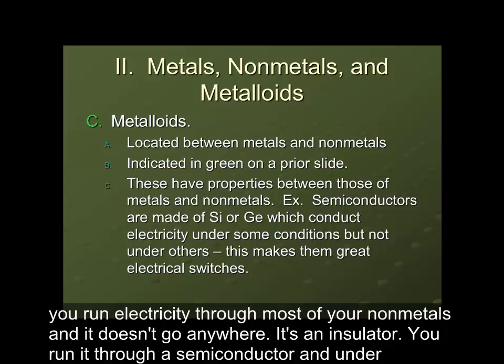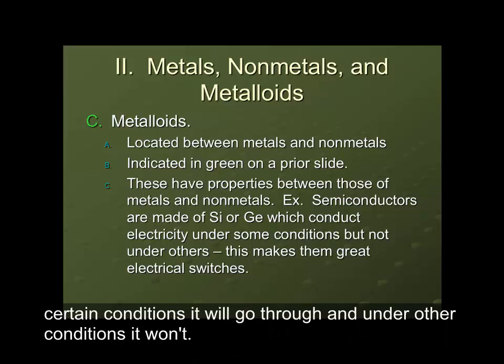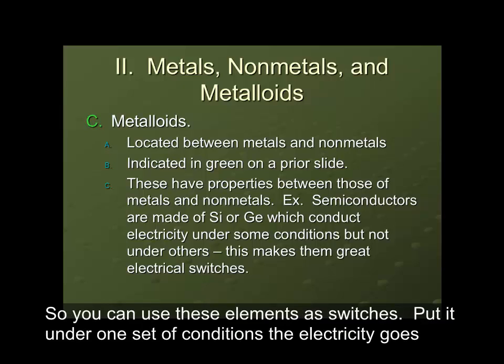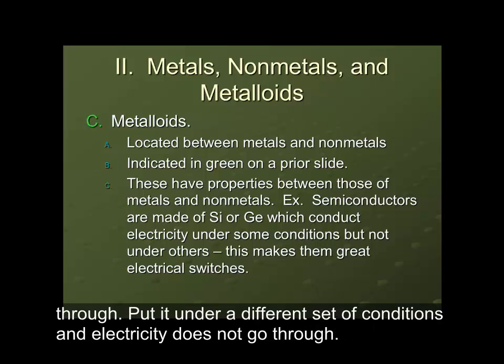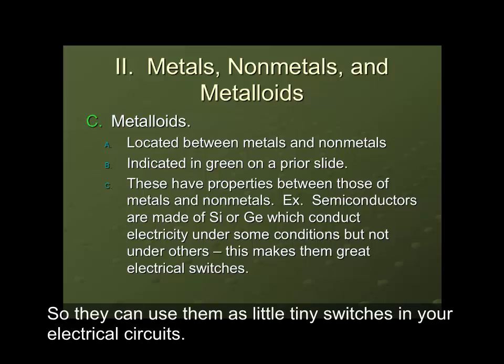You run it through a semiconductor and under certain conditions it will go through and under other conditions it won't. So you can use these elements as switches. Put it under one set of conditions, the electricity goes through. Put it under a different set of conditions and the electricity does not go through. So they can use them as little tiny switches in your electrical circuits.